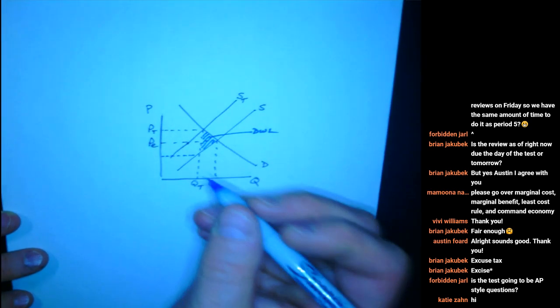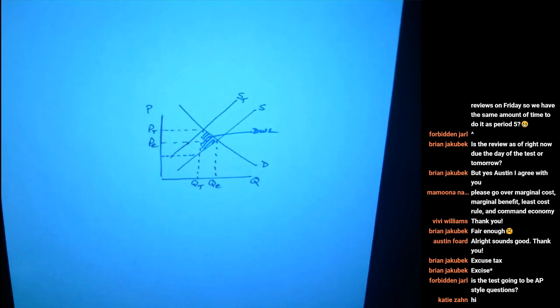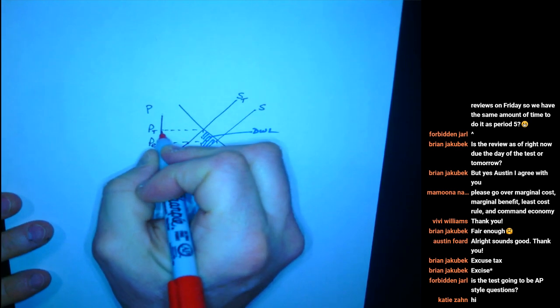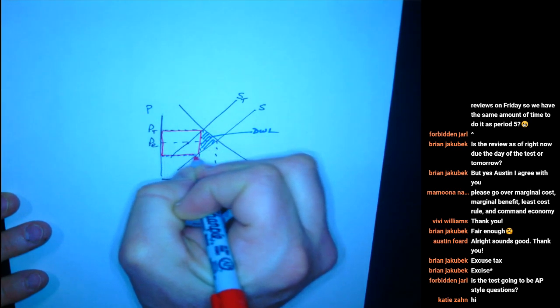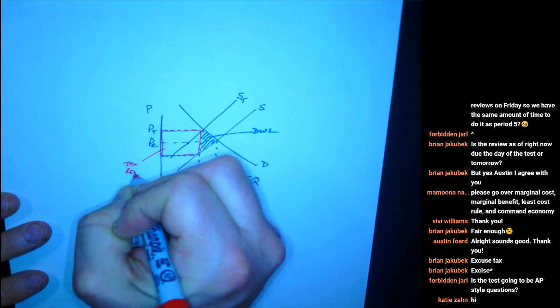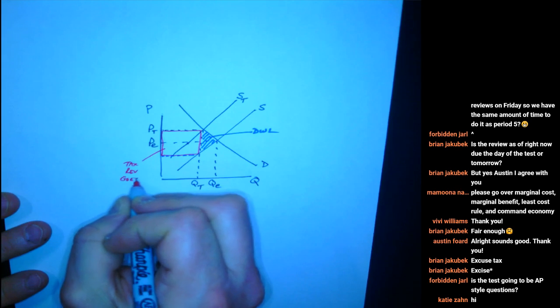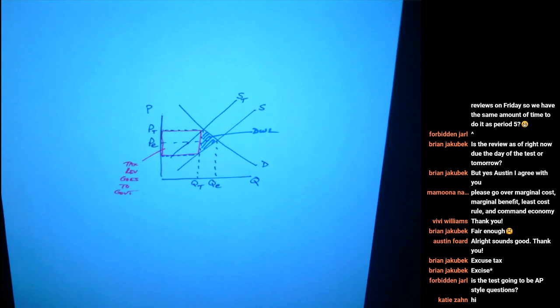Now, since there's a tax, this area right here, the inside of this, that is all tax revenue that goes to the government. Okay? And it's pretty easy. If you have numbers there, you can calculate it. It's the area of a rectangle. If you have letters, then you give the area in letters.